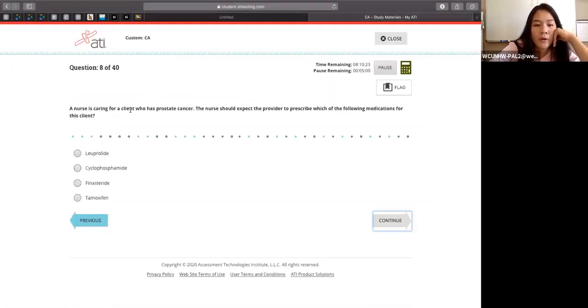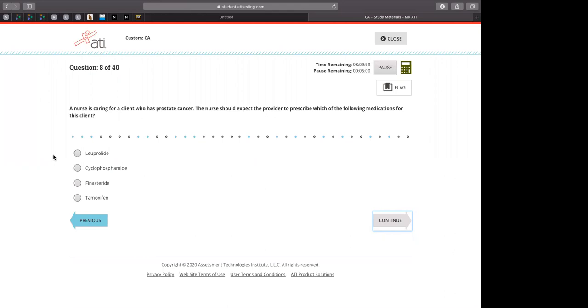A nurse is caring for a client who has prostate cancer. The nurse should expect the provider to prescribe which of the following medications for this client? Prostate cancer. Which one do you guys think it is? Is that tamoxifen?